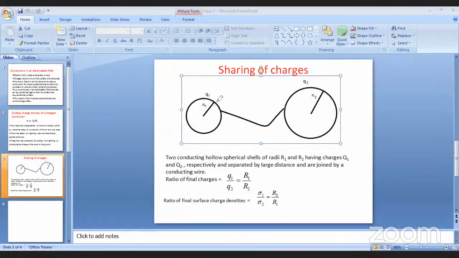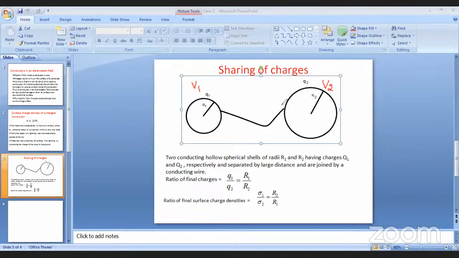So here you will have V1 amount of potential for this charged sphere, and for this charged sphere you will have V2. The potentials are not the same, they are different.